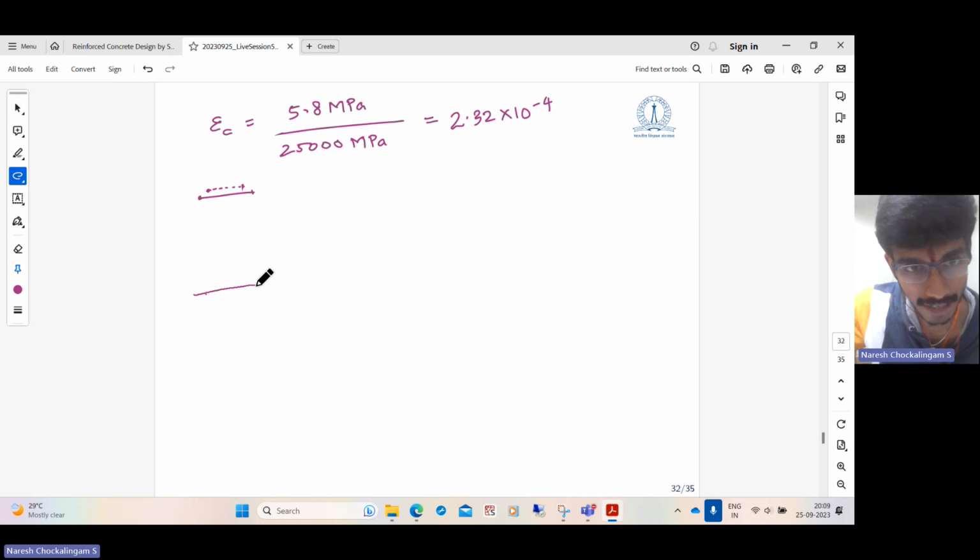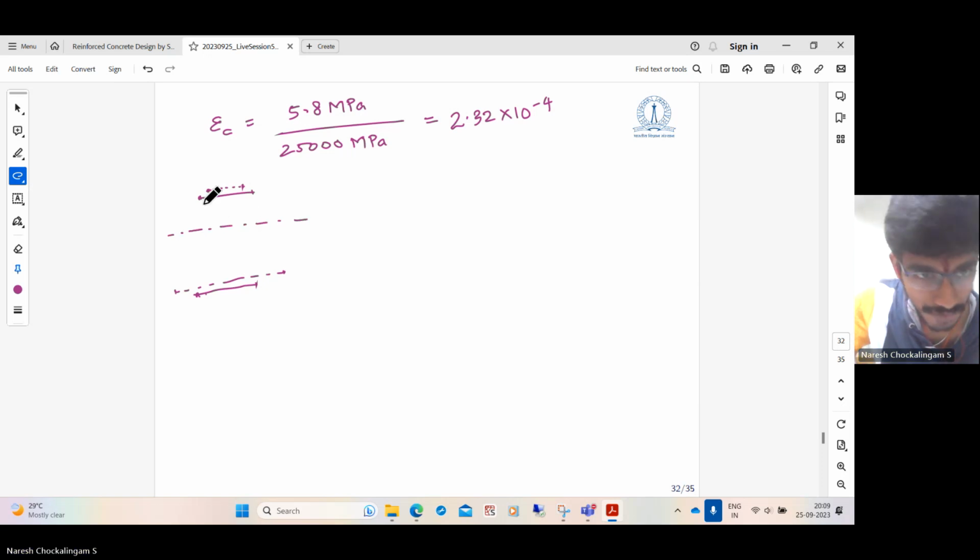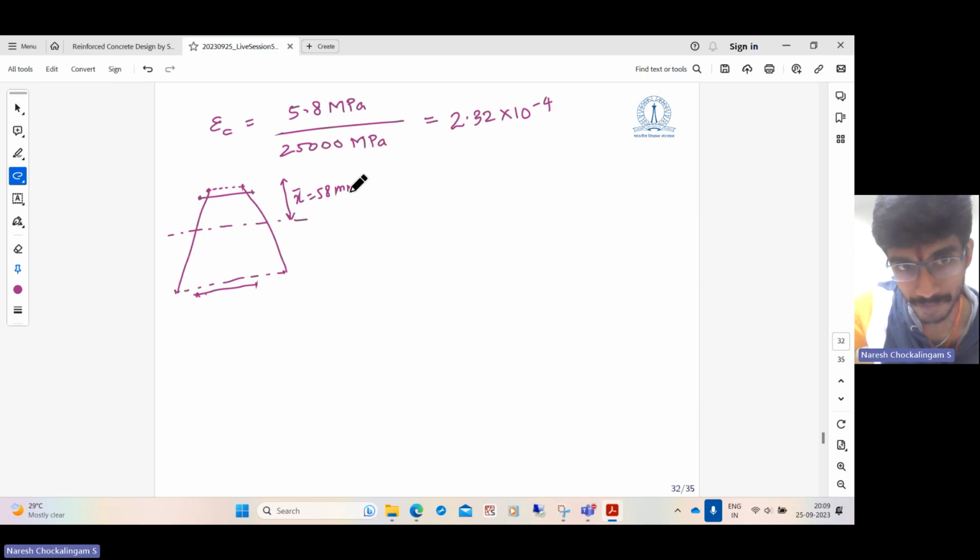You have an initial fiber like this, and that extends to some other value. This is the neutral axis. Say x bar is 58 mm.